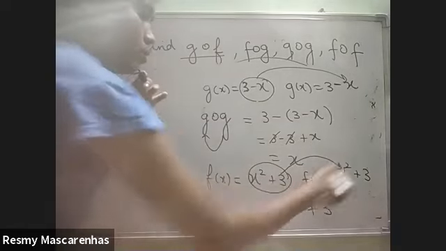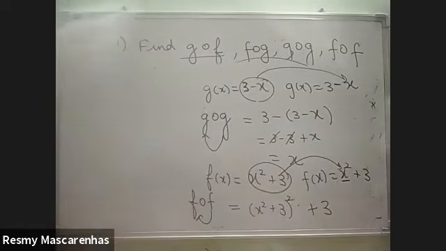But because there is a square, this also will be squared. So if you want, you can open up the bracket using the a plus b whole square formula, or you can leave it like this also, no problem. So this is f of f. Same way we'll do it for the next function also.